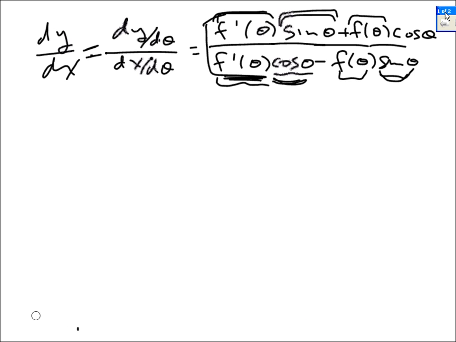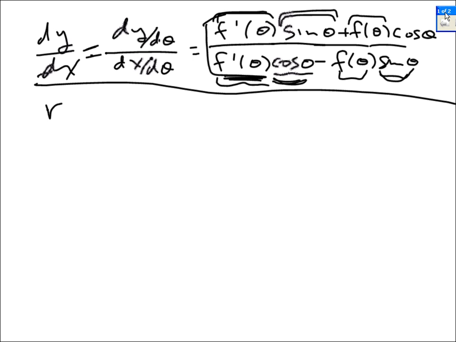Okay, so we have the rule in front of us, and we come to know that r is 1 plus sine theta.